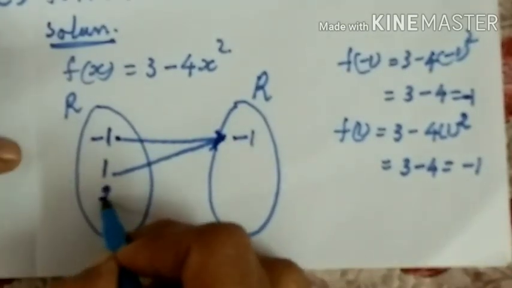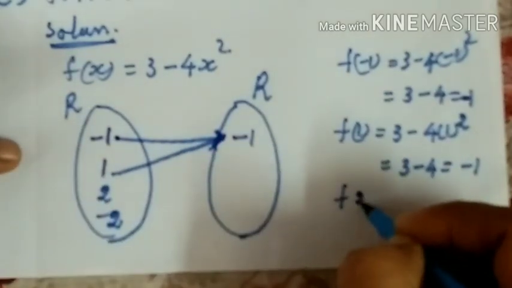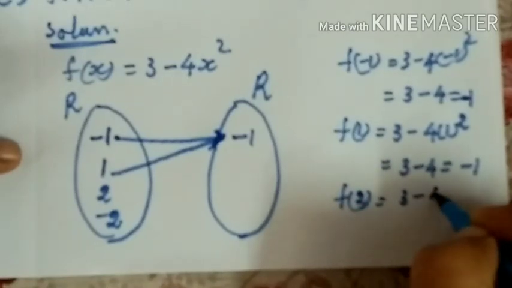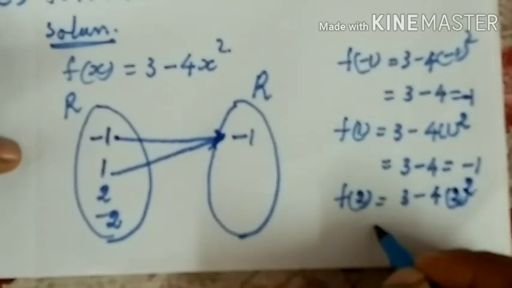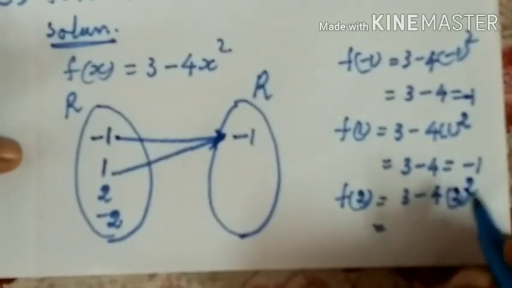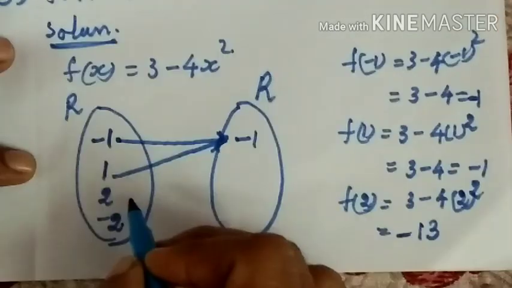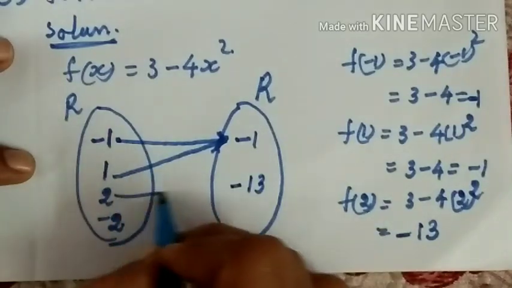Next I will take 2 and minus 2. f of 2 equal to 3 minus 4 into 2 squared. Then 4 fours are 16, then minus 13. Therefore, the image of 2 is minus 13.